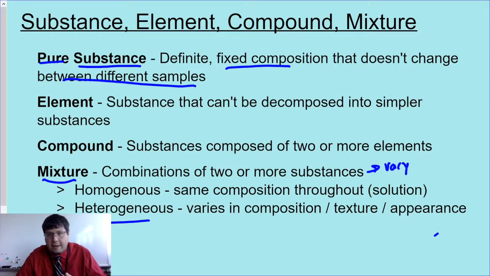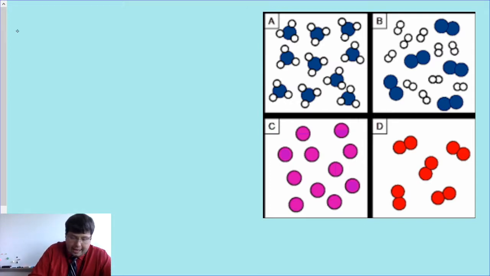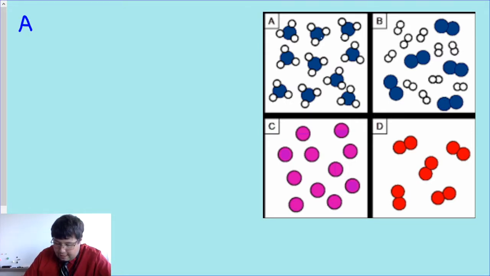Now, you might have seen different models of elements, compounds, and mixtures before. They look like this in terms of particle diagrams. And so one skill you want to have is being able to identify and describe different models of elements, compounds, and mixtures. So let's take a look at A, for example. In A, it looks like we have this blue substance, or these blue atoms, connected to 3 white atoms. And that doesn't change.